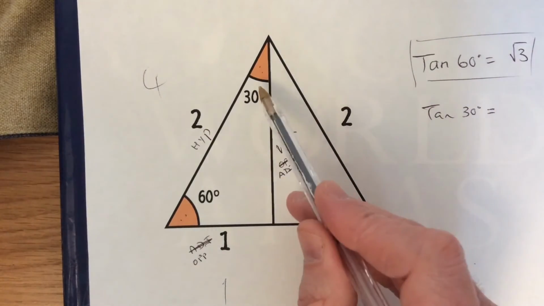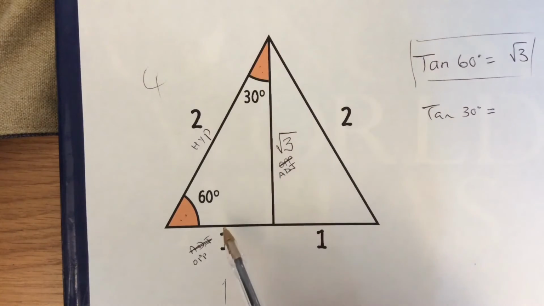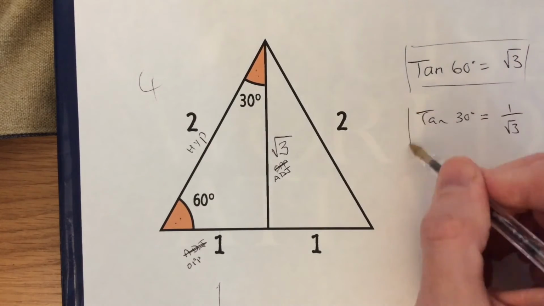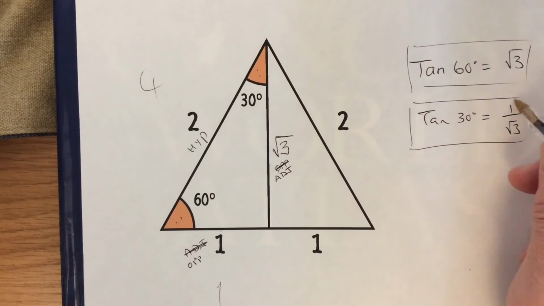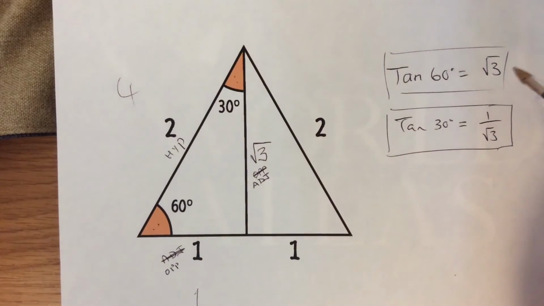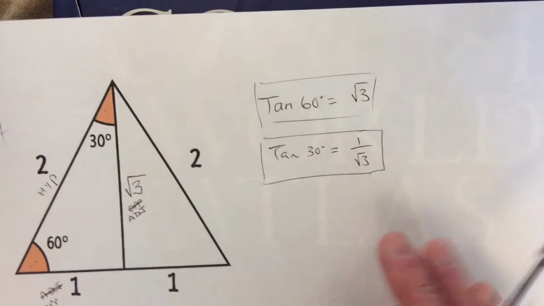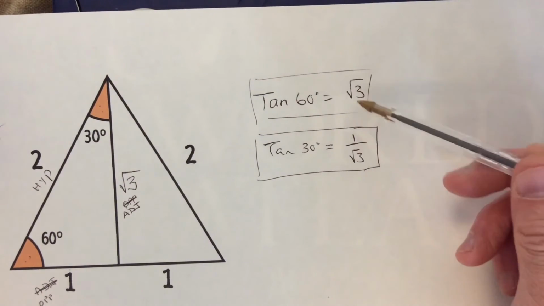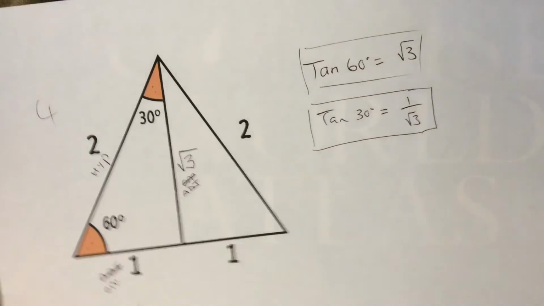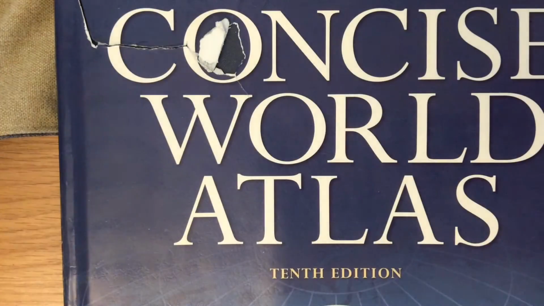So tan 30 is opposite over adjacent. That's 1 over root 3. So it's the reciprocal of tan 60. They are the reciprocals of each other. All right. Okay, move on.